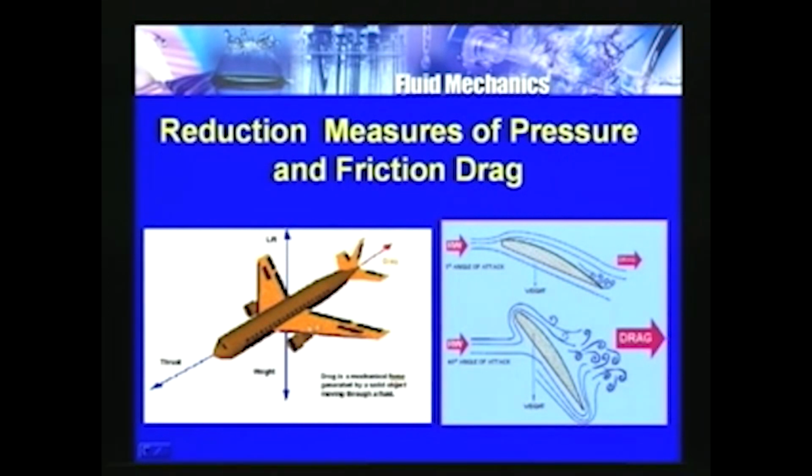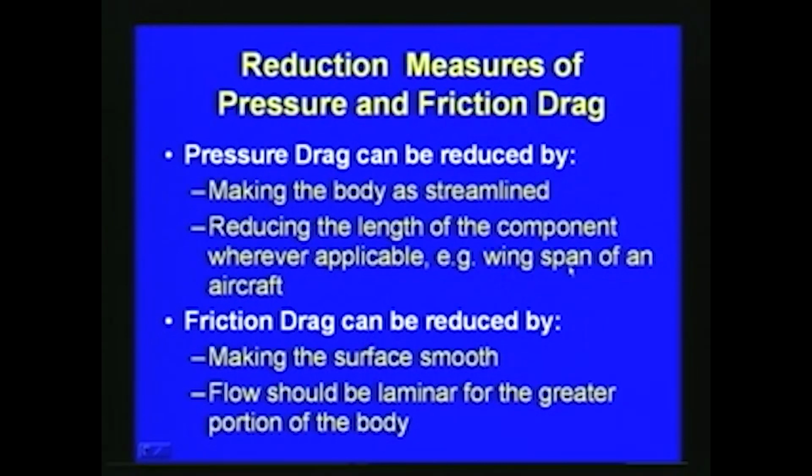Depending upon how we place and orient the wing, if the length component is reduced, then the pressure drag can be reduced. These are various measures we can adopt to reduce the pressure drag.